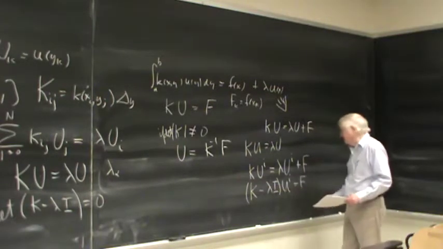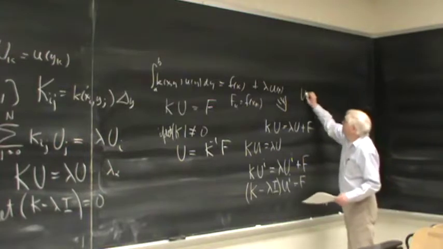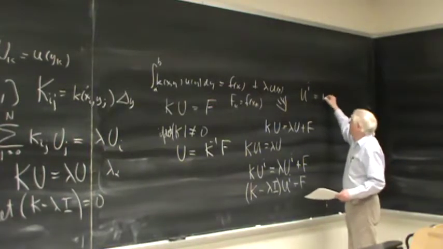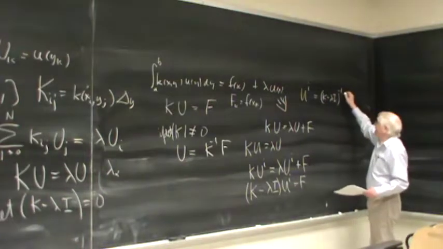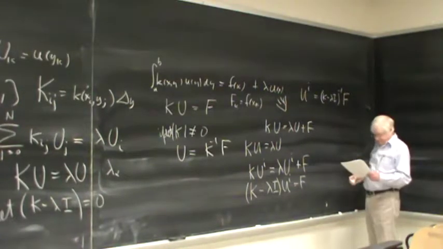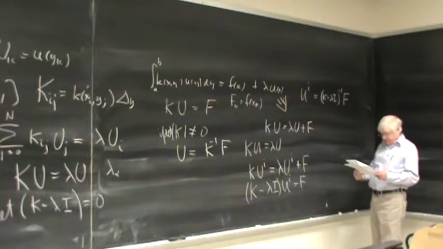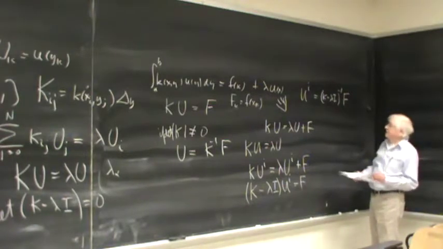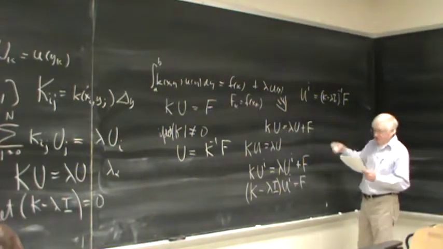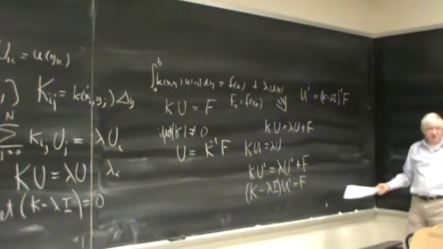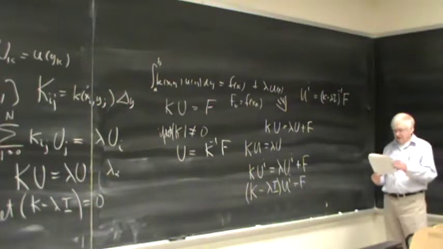This thing has an inverse, and you write u inhomogeneous is (K minus lambda I) inverse acting on F. And then you add to this solution the most general solution of the homogeneous equations.